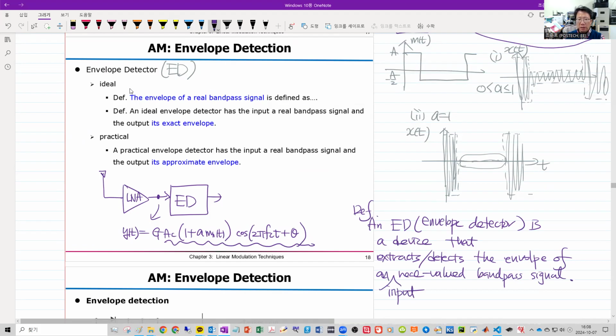Okay, then what would be the output of the envelope detector? What would the envelope detector output be?